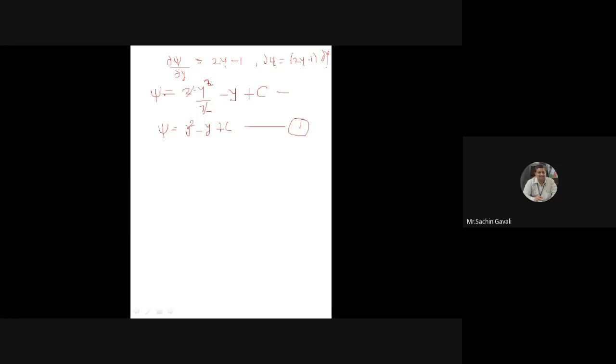The next part is a little bit important. Now c is a function, not a constant, it is also a function of x. Therefore we have to differentiate this psi with respect to x. Understood? Anybody having a problem, or shall I repeat?